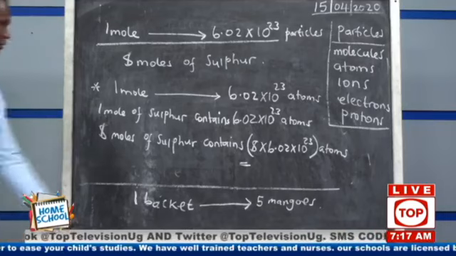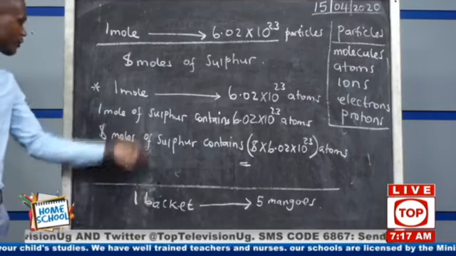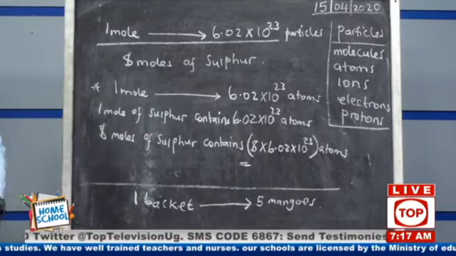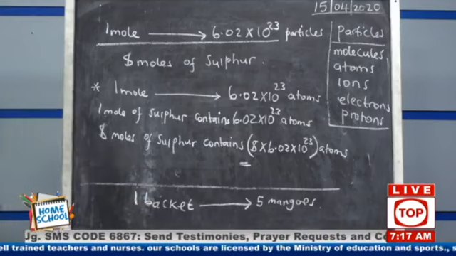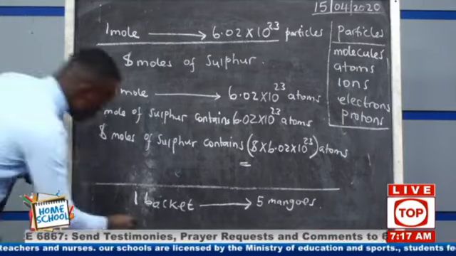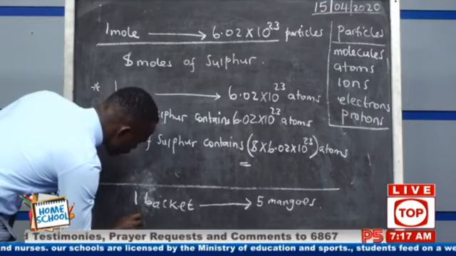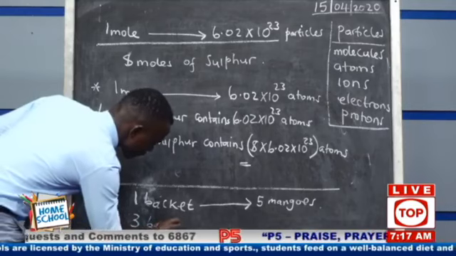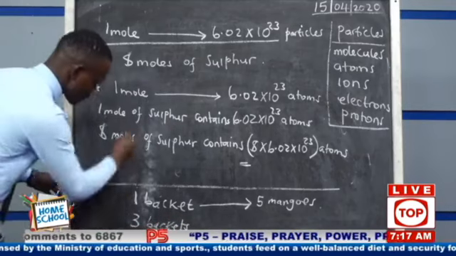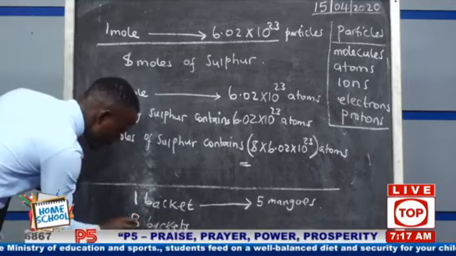Now we want to use this one to understand the concept here in chemistry. This one is what you do in your day-to-day life. Then we said, what about 3 buckets? Okay, let us use the same value. What about 8 buckets?